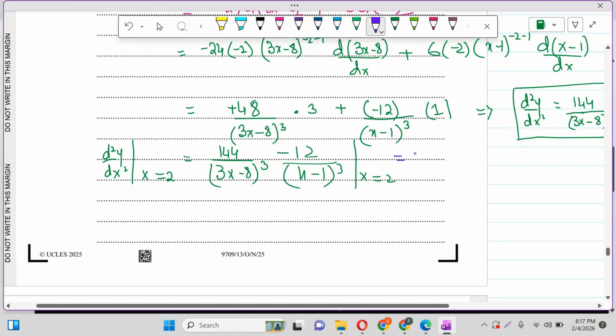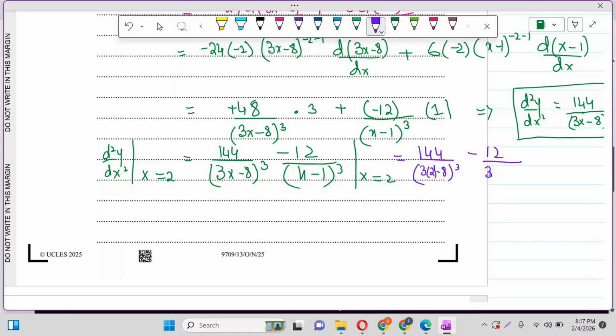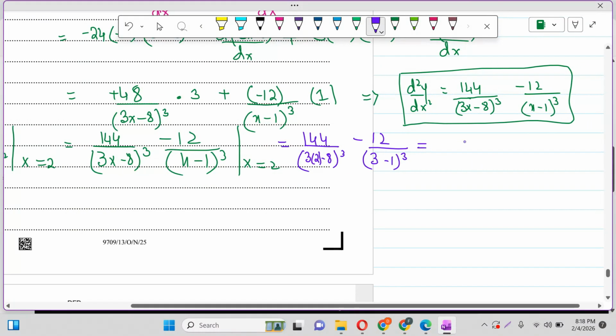So this one is equal to 144 over (3 times 2 minus 8) whole cube minus 12 over (2 minus 1) whole cube. So this one is equal to 144 over negative 2 cube minus 12 over 1 cube.